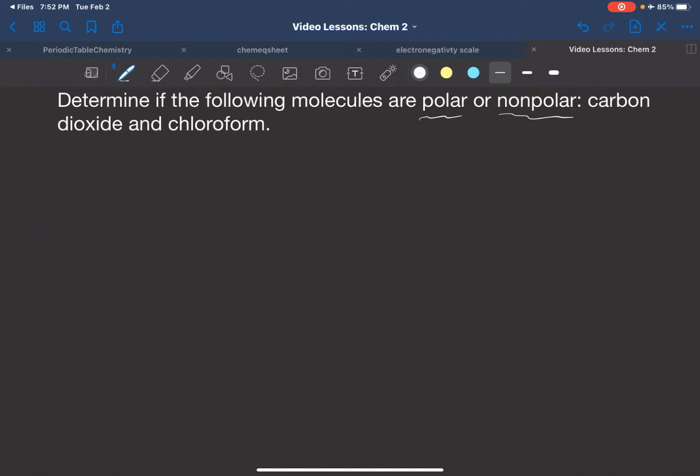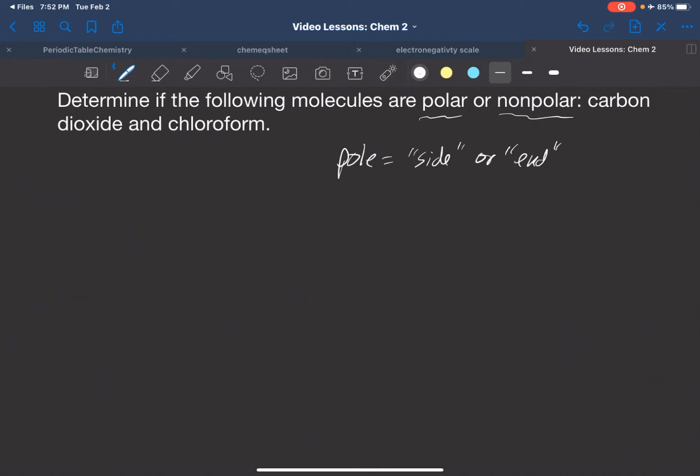And so we need to remember from other lessons, polar or nonpolar. A pole, remember, is just a side, right? So remember we said a pole equals the side or an end.